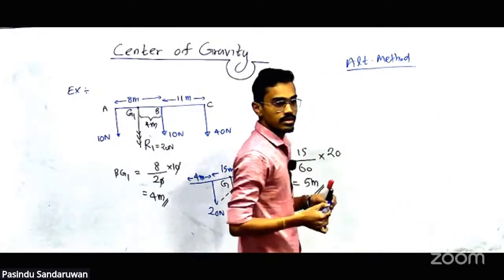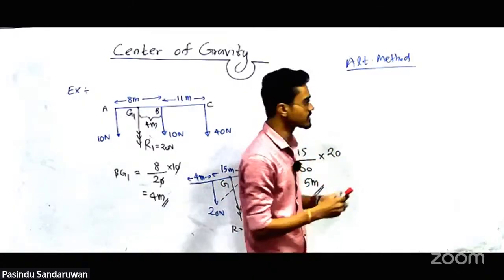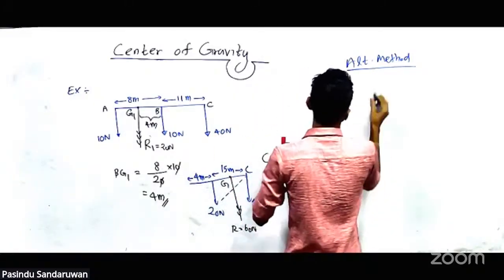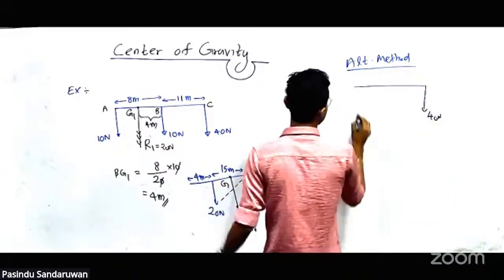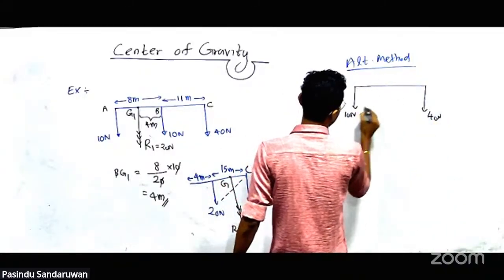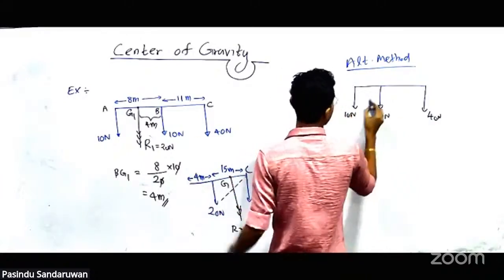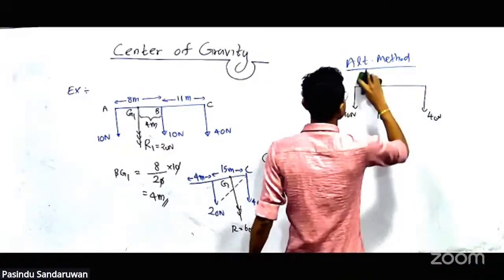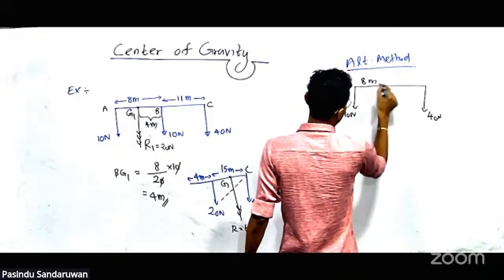Apply the principle of force moments. So what was given? This thing was given: 40 newtons, 10 newtons, 10 newtons, 8 meters, 8 meters, and 11 meters.